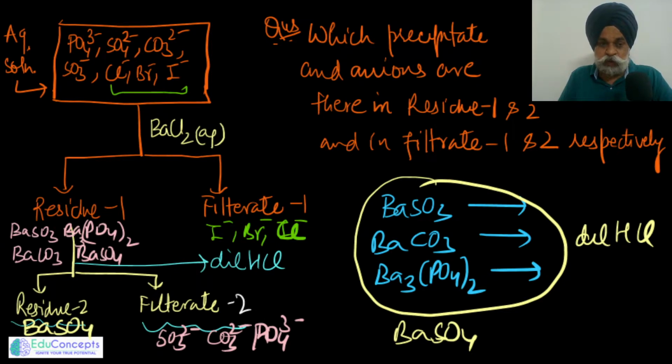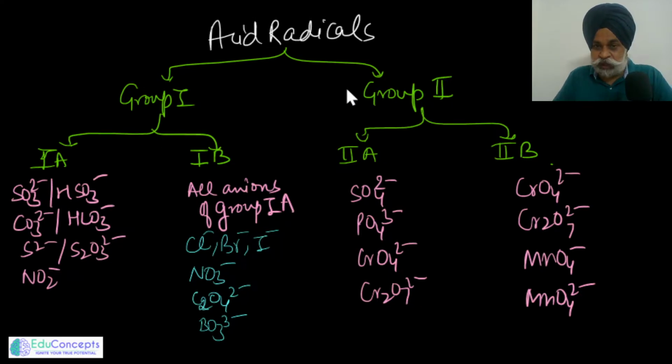What I am trying to explain once again is that last time we grouped the acid radicals as group 1 and group 2, where first we talked about dilute sulfuric acid. Any anion which with dilute sulfuric acid produces some vapors or gas, we classify into 1A.